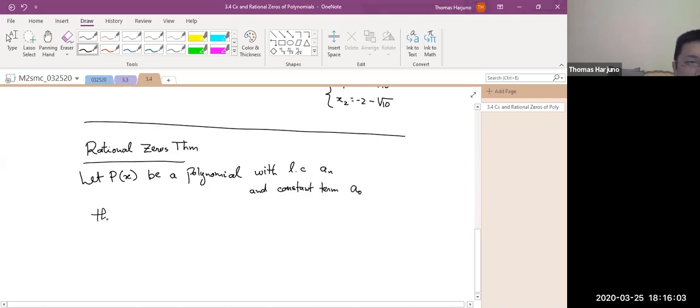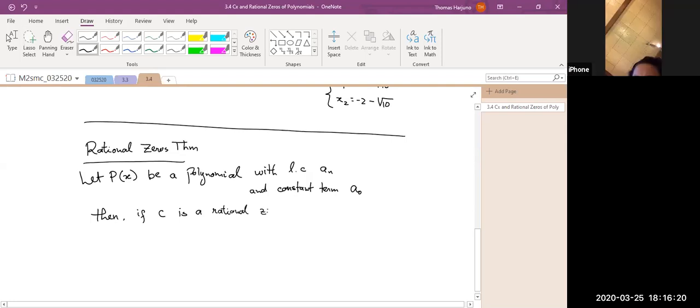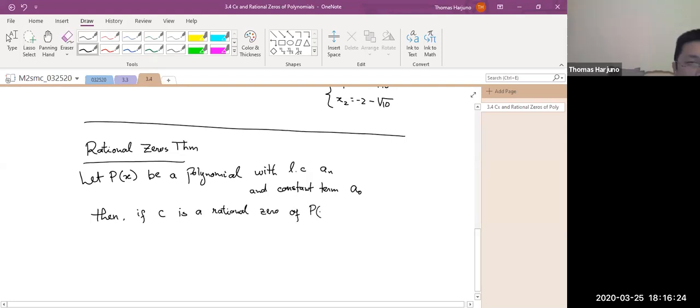Then, if c is a rational zero of P(x), now a number is rational when we can write it as a fraction.